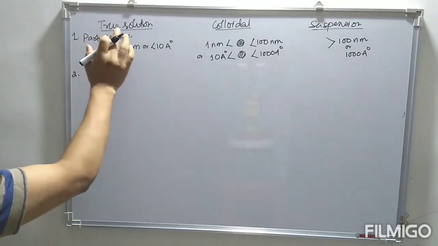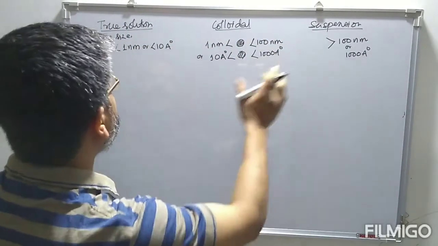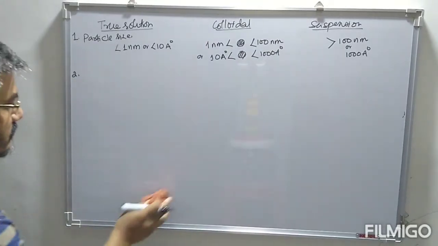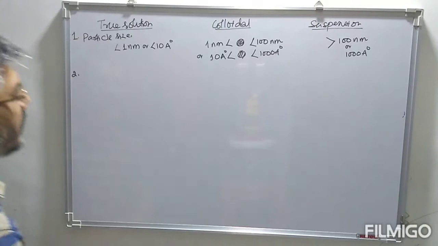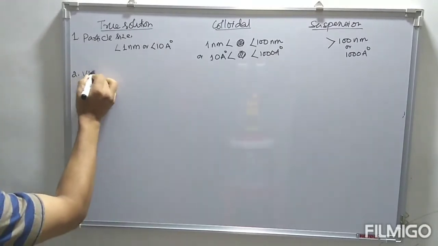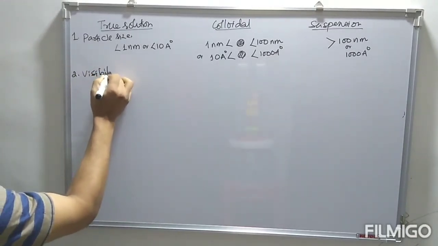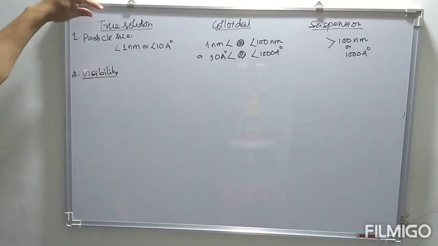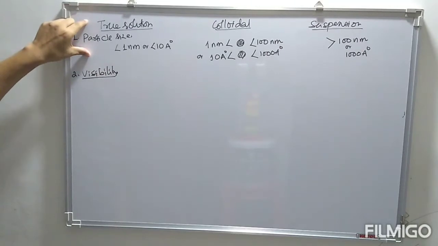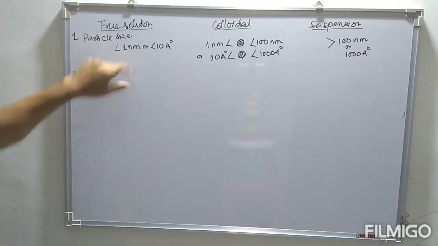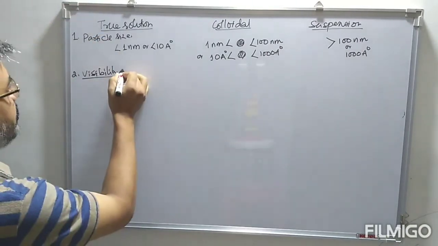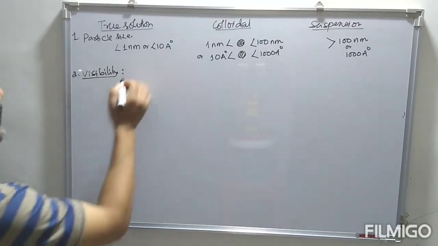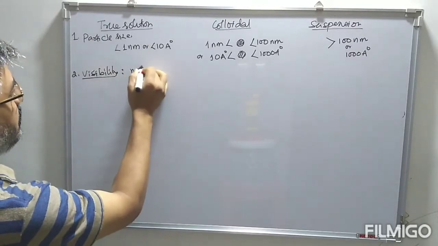The second difference or property concerning these three types of solution is the visibility of particles. In the case of a true solution, the particle size being less than 1 nanometer, it is not visible to naked eyes and cannot be observed with a microscope.